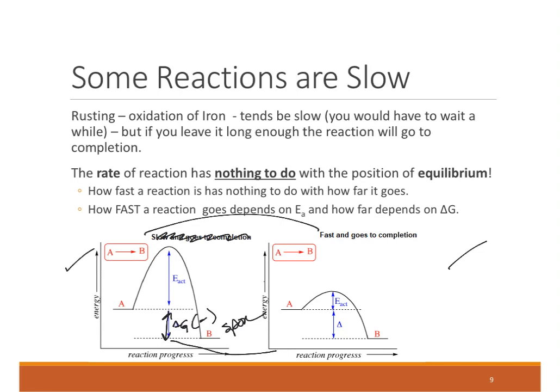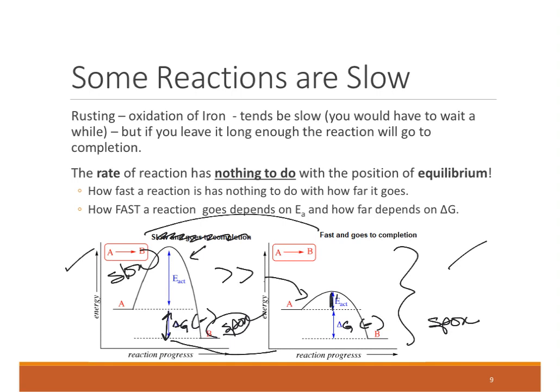And so it's very clear that the activation energy of the reaction on the left is much larger than the activation energy on the right. So this is a slow, spontaneous reaction. Let's look at the one on the right. It is also spontaneous, okay, because delta G is negative, but it has a much lower activation energy. So we would call this one faster.